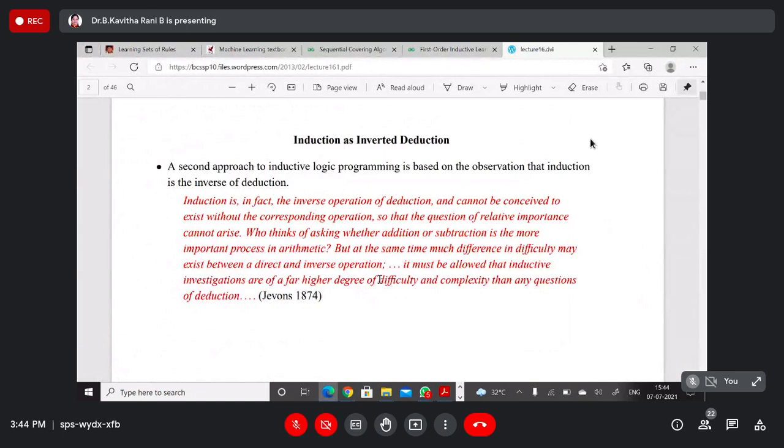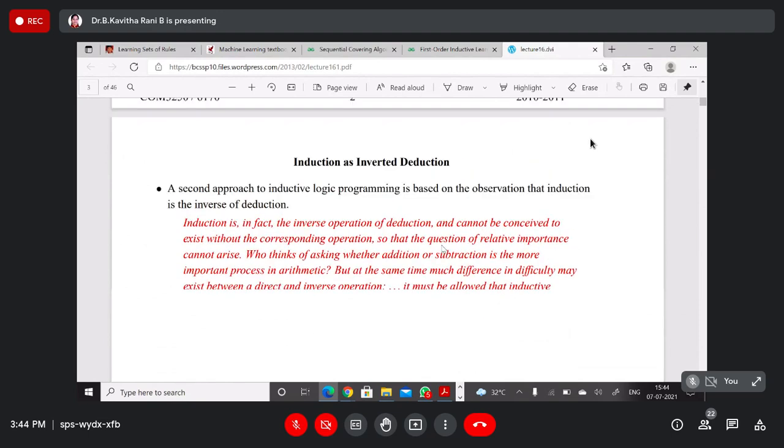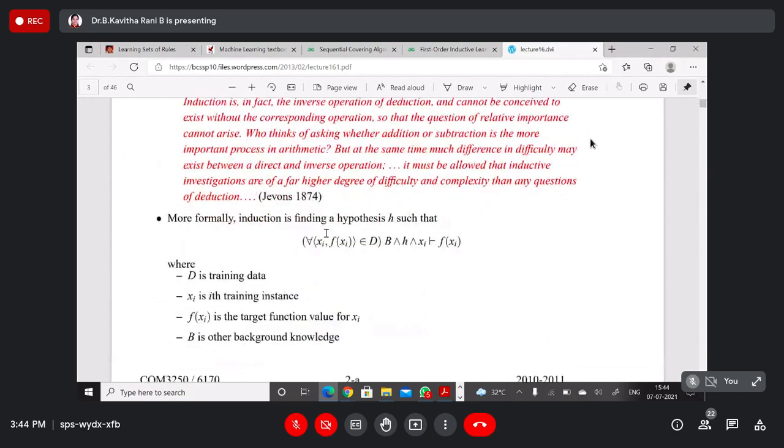So this is second approach to inductive logic programming. So this is one of logic programming which we use here. Okay. It is based on the assumption that induction is the inverse of deduction. So here see more formally, induction is finding a hypothesis.